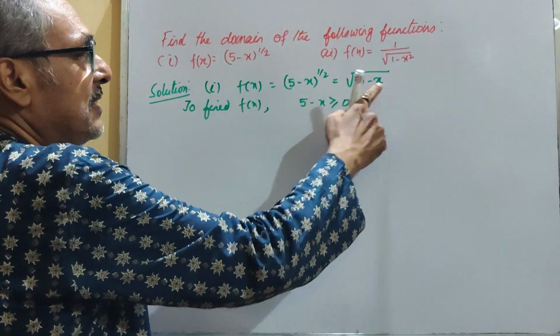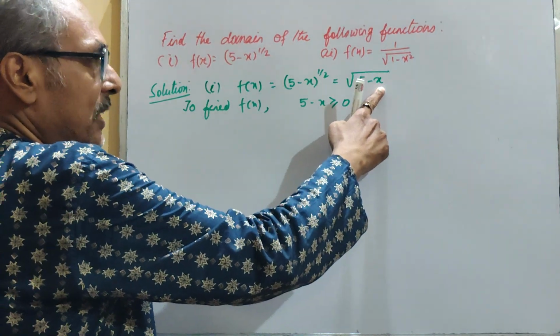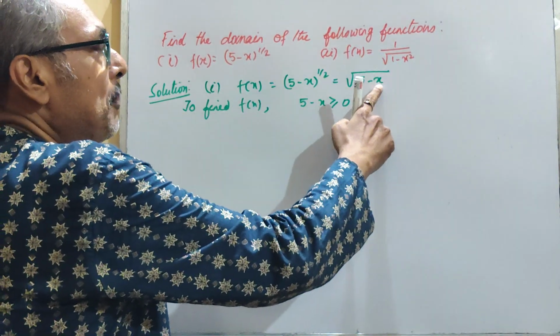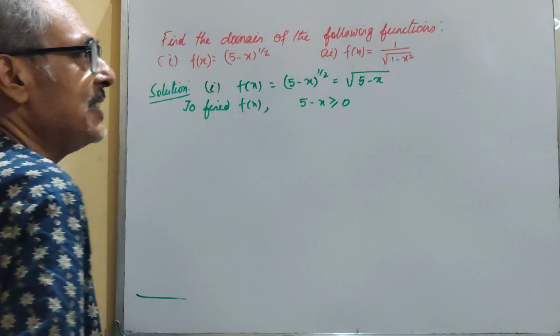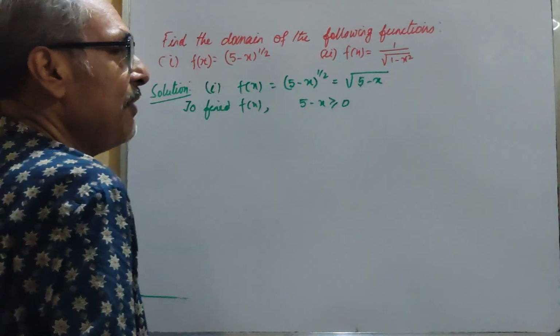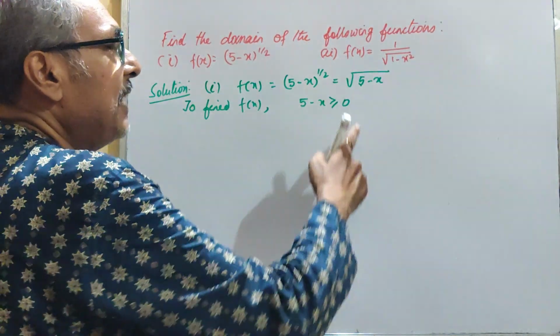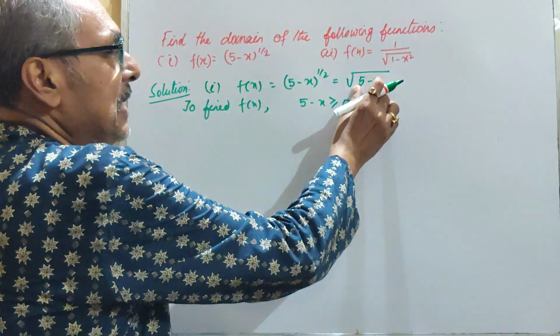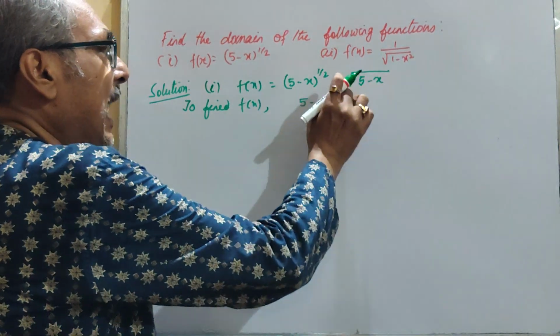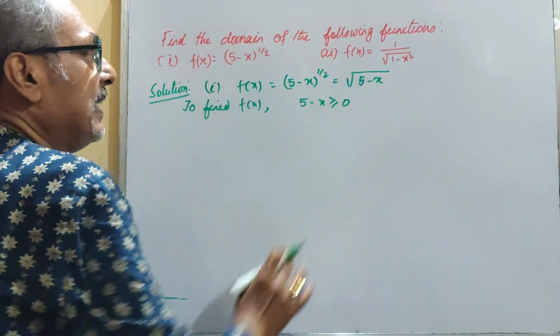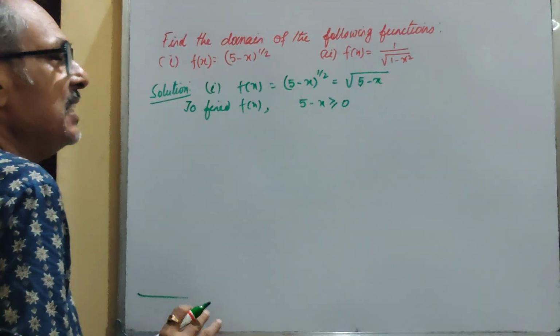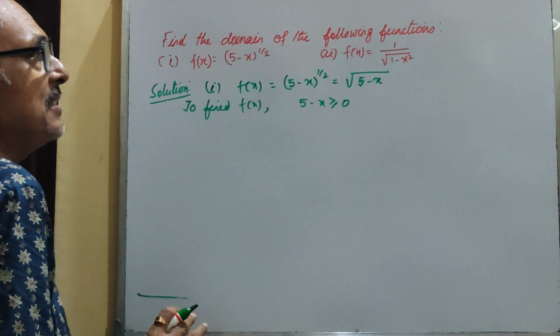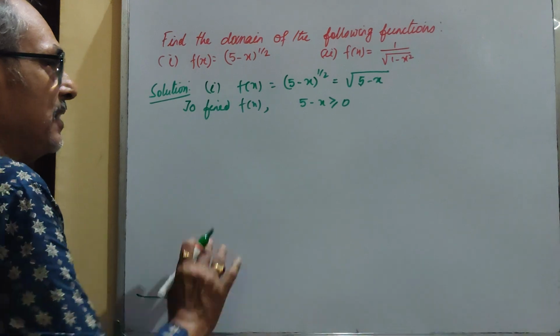If 5 minus x is less than 0, that is negative, say x is 7 or x is 10, then the value of 5 minus x is negative, and the under root of a negative is a complex number. It is not a real number. That means f of x is not defined.